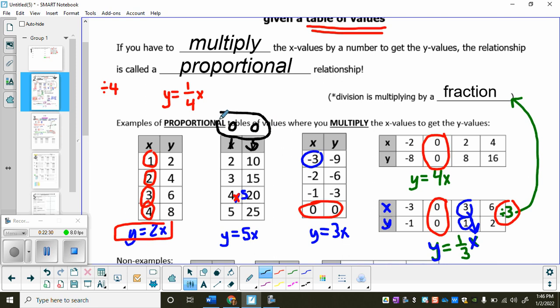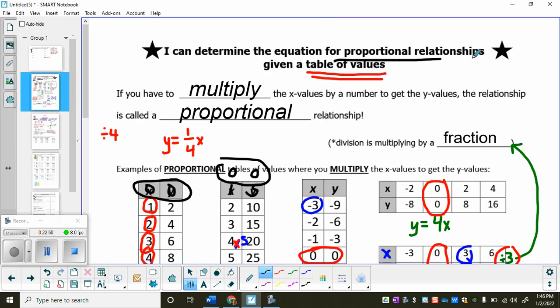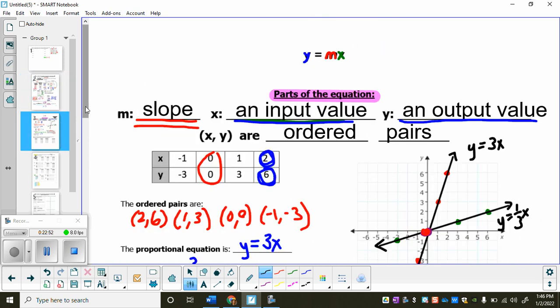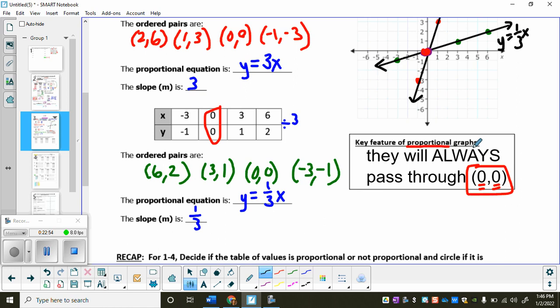So there is a 0, 0 if we kept the pattern going in this table. And same thing here. Let's keep the pattern going. 4, 3, 2, 1, 0. Minus 2 if we do look at the pattern that way. And right there, it'd be a 0, 0. So 0, 0 is literally the staple of a proportional relationship. Okay, they will always pass through 0, 0.